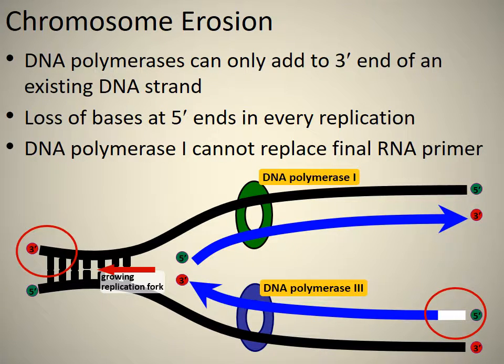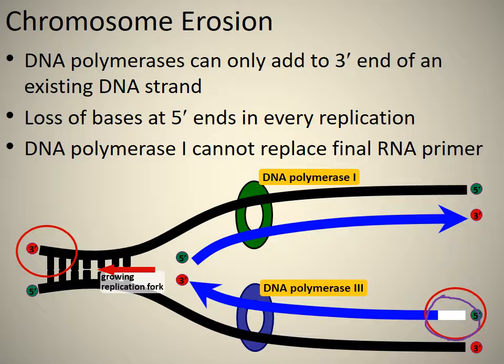The one issue that our cells have, and this is a phenomenon that occurs as our DNA is continuously replicated, is called chromosome erosion. Now, on the leading strand, there is a small RNA primer that was built to start DNA replication.